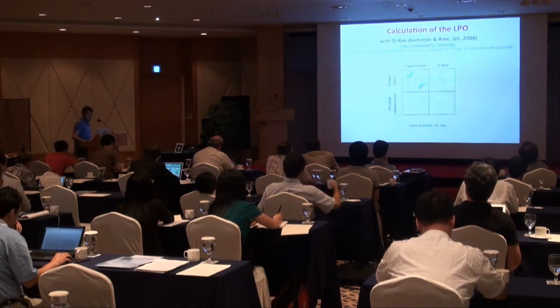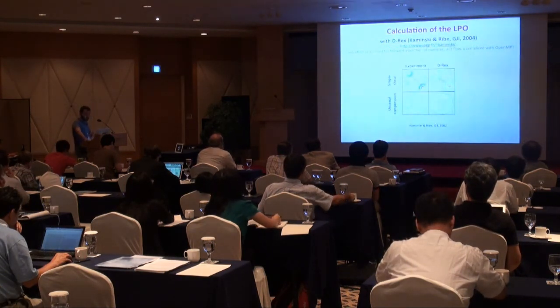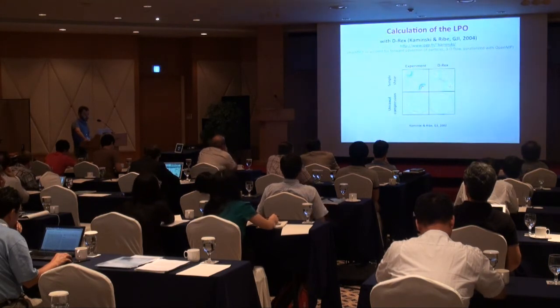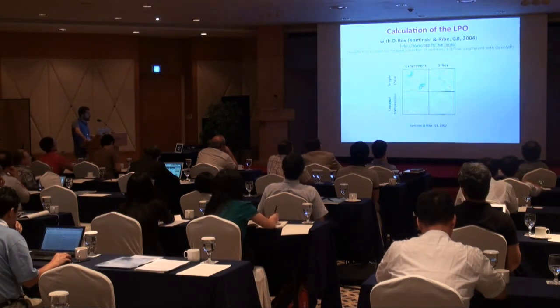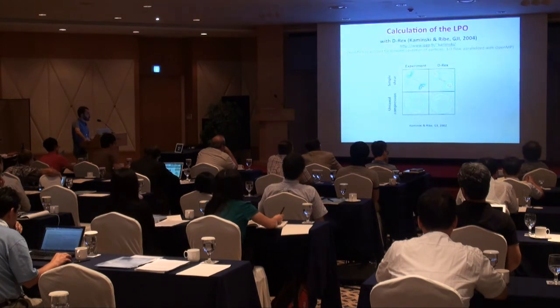So to calculate the LPO, we use D-Rex. There is an open source code you can download freely from this website. And the thing is that D-Rex successfully reproduced the LPO derived experimentally, like in simple shear or in uniaxial compression.